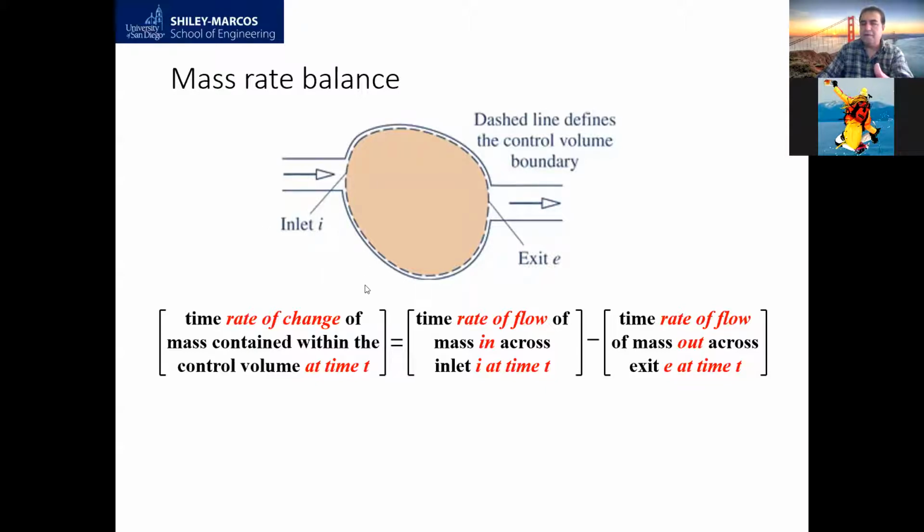So the rate of flow, which we call the mass flow rate, inlet minus outlet. In most devices we have 1 inlet, 1 outlet. Sometimes we have 2 inlets, 1 exit.